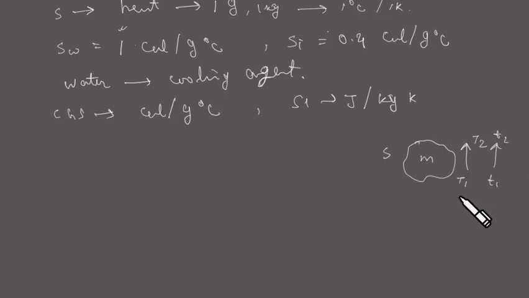Generally small t is used for degree Celsius in the CGS unit, and capital T is used for Kelvin in the MKS unit. Now, how much heat is required for this body to increase this much of temperature?